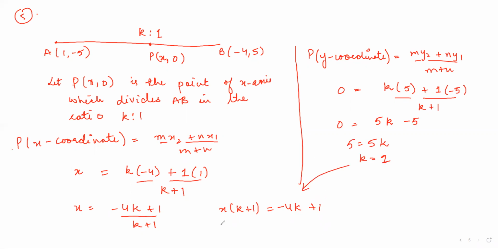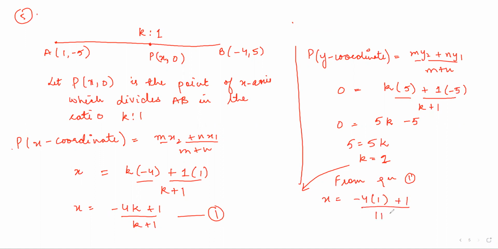Understood? Okay. So because you have got k is 1, you can mark it. So from k is 1, x will be equal to (minus 4 into 1 plus 1) divided by (1 plus 1). So find how much is x. Just give me a minute.